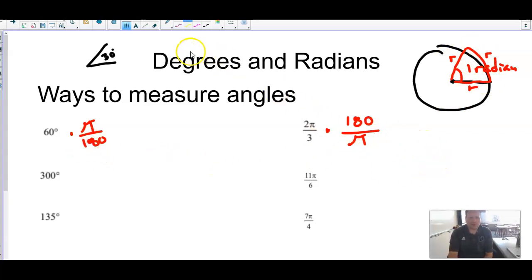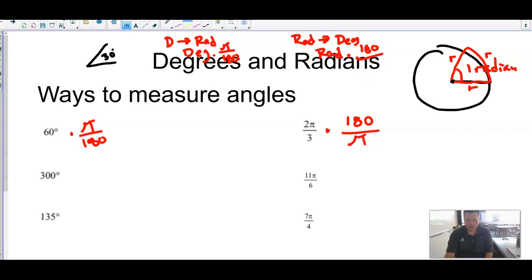So again, going from degrees to radians, I take my degree and times it by pi over 180. If I'm going from radians to degrees, I take my radians and times it by 180 over pi, okay?